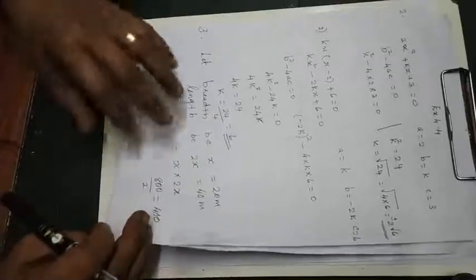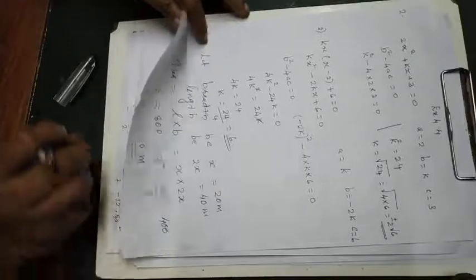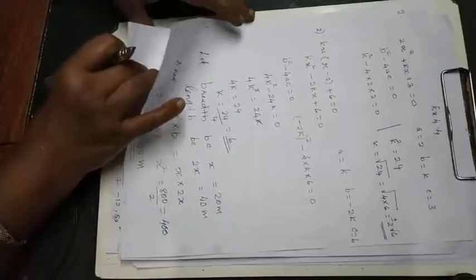Okay, now the fourth one. Is the following situation possible? If so, determine their present ages. The sum of the ages of two friends is 20.